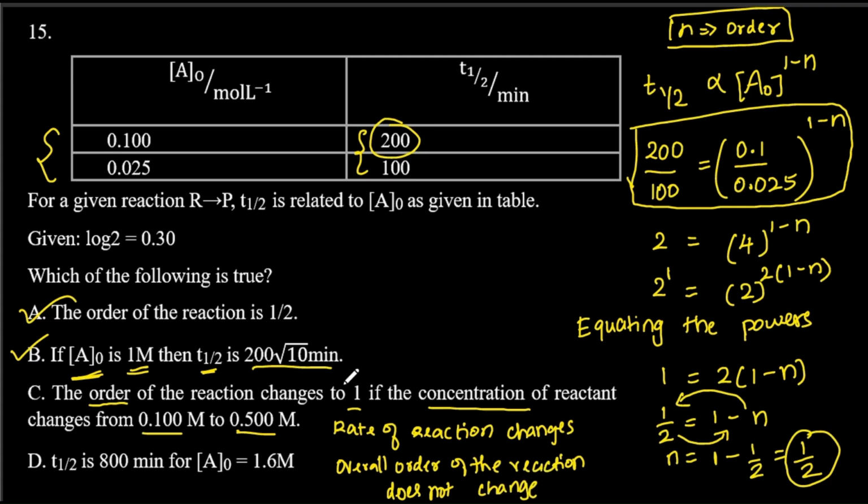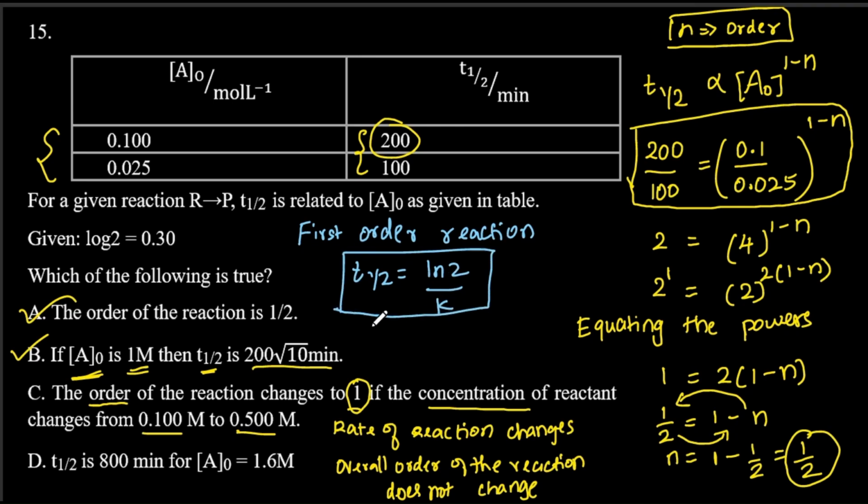And that too, in a first order reaction, the concentration of the reactant does not play any role, because in a first order reaction, T half is equal to ln 2 divided by the rate constant. So here the value is a constant. It does not change with the concentration of the reactant. So the third statement is not true.